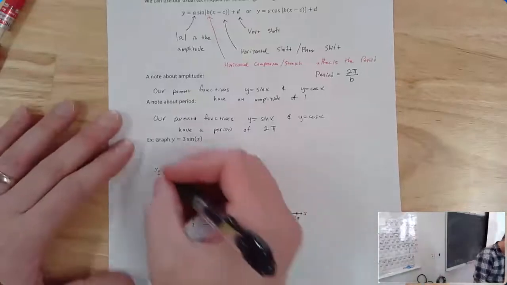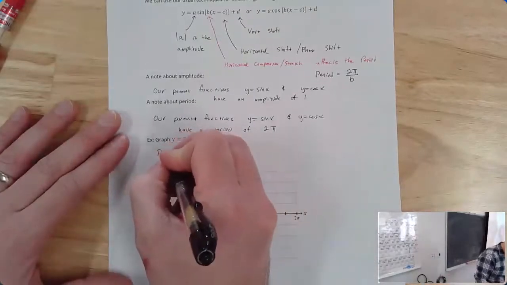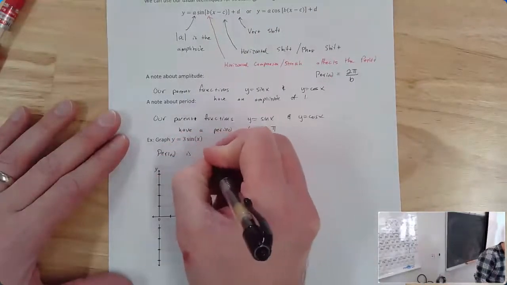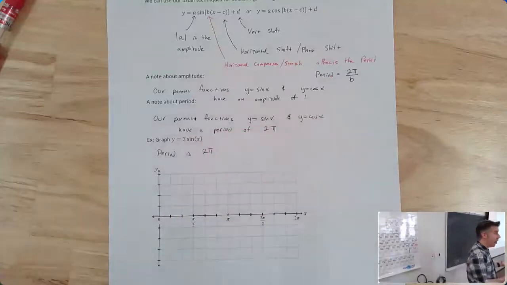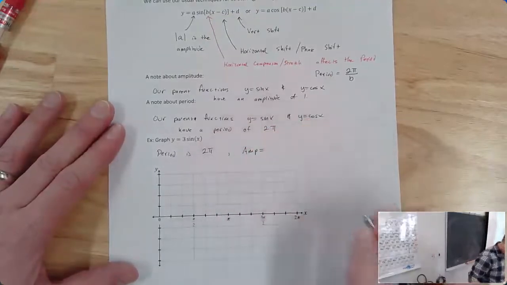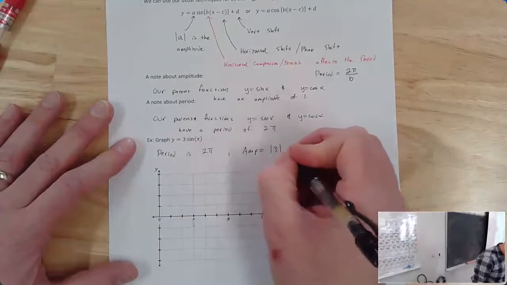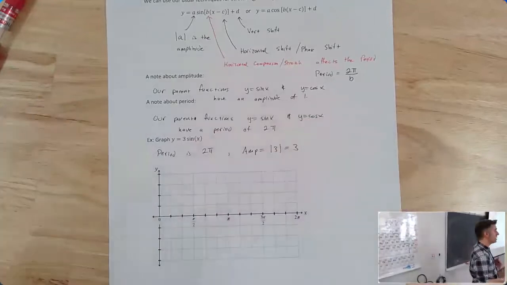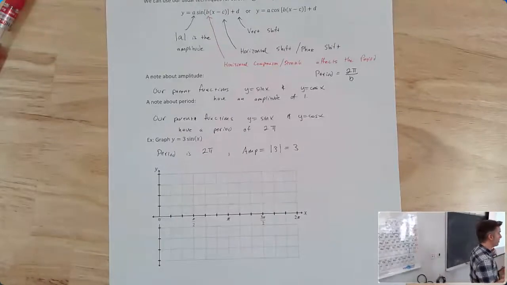So here, the period is still 2 pi. Or if you want to think of it, it's 2 pi divided by 1, because the coefficient of x is 1. And the amplitude is equal to the absolute value of 3, which I know is just 3. But it is good to get into the habit of saying, I don't want a negative amplitude. It should always be a positive amplitude. What's going to happen here is this is just going to stretch the function 3 away from the x-axis.